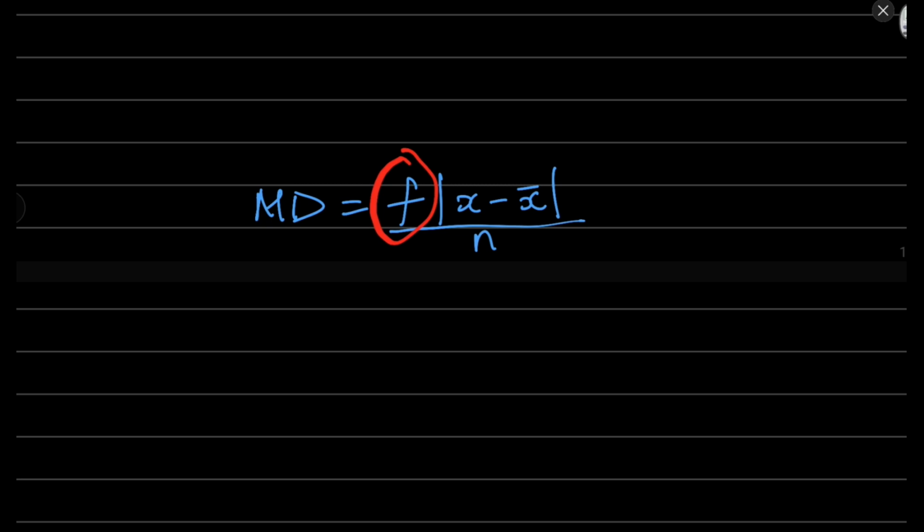But this time around, since we have a frequency distribution, we have to include the f values or the frequency of the x values. So the formula is still the same.